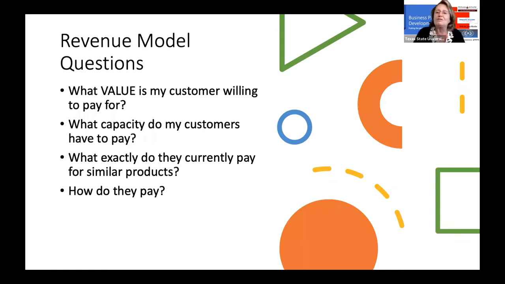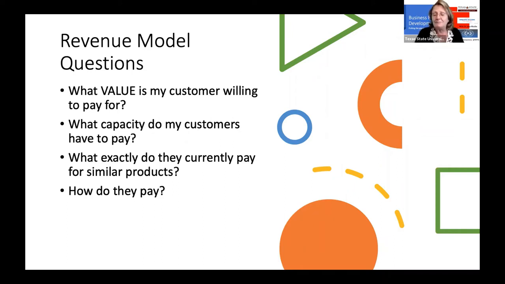So what questions do we need to ask when we're working on a revenue model and we're trying to go to market with our products and services? Well, one thing that comes up right here, which is so important and goes back to our customer discovery, cannot emphasize enough: what value is my customer willing to pay for?